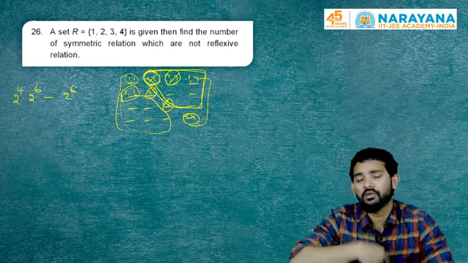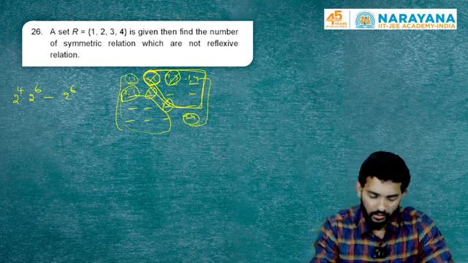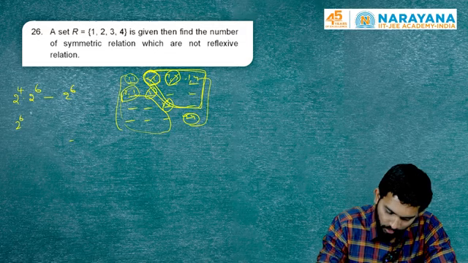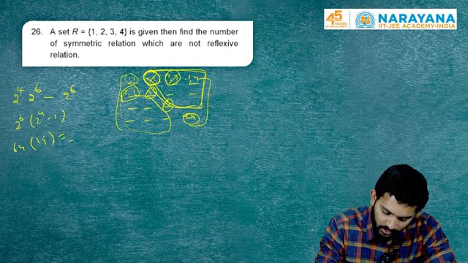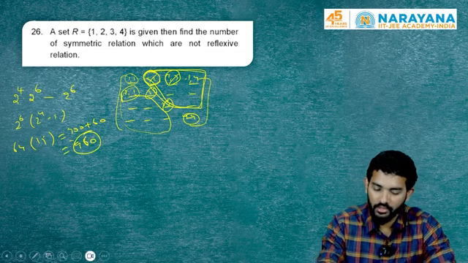And the corresponding lower triangle elements will be selected or not selected. 2 power 6 if I am taking common, 2 power 4 minus 1, 2 power 6 is 64, 2 power 4 is 16, this is 15. So if you simplify this, 15 times 6 is 900 plus 15 times 4 is 60, which will be 960. So 960 is the answer.